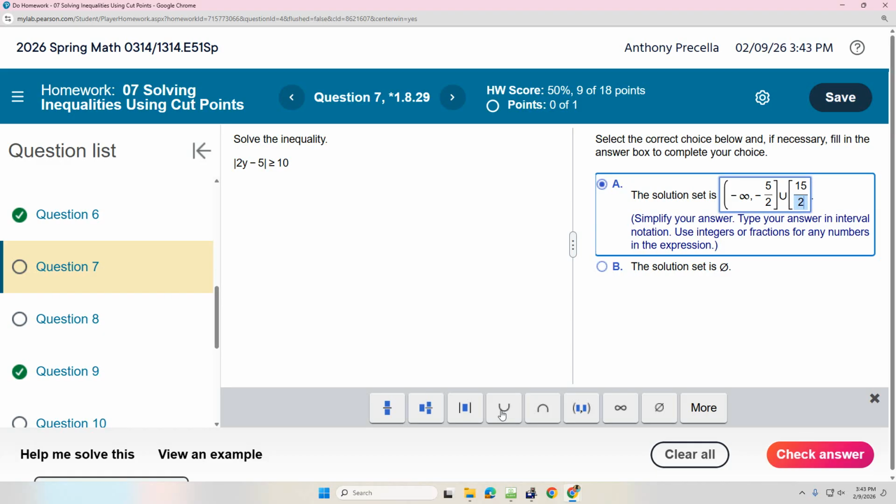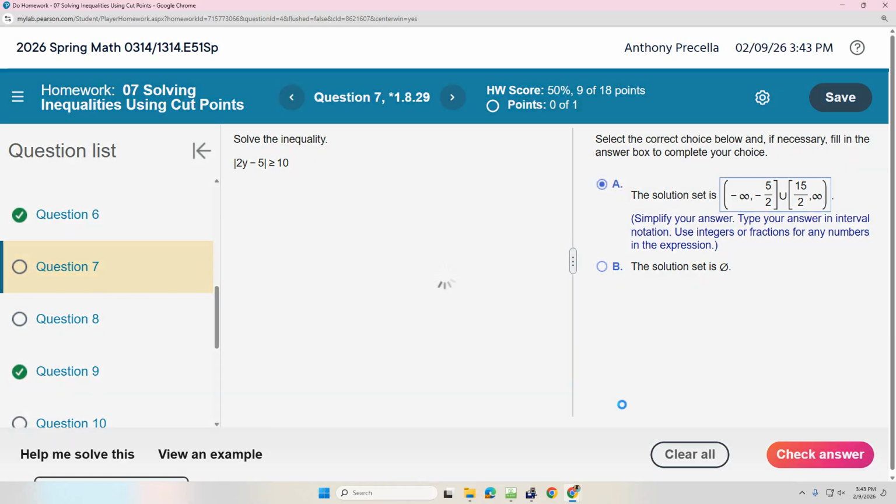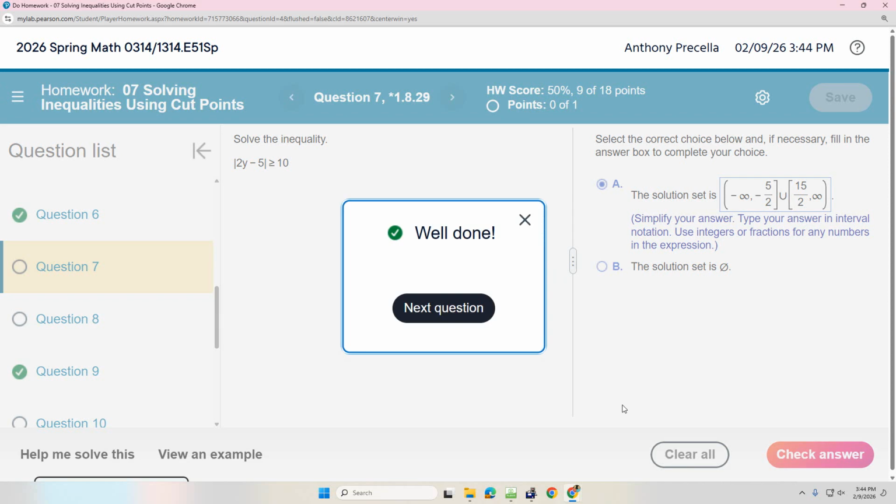I'm almost sure if you do this, at this point it's counting it wrong. So I'll go right arrow, comma, infinity, parentheses. Oh, it's getting slower and slower. Something's going on.